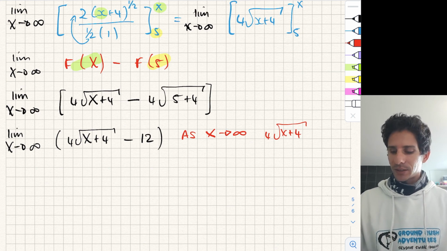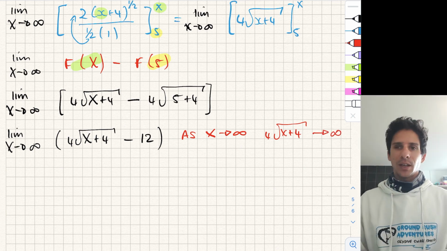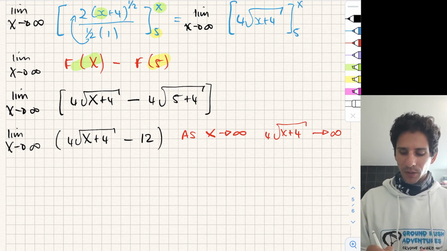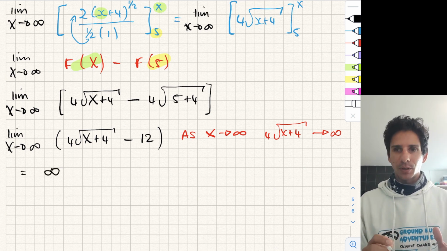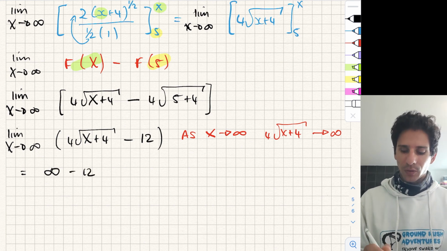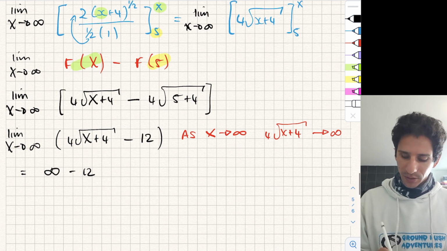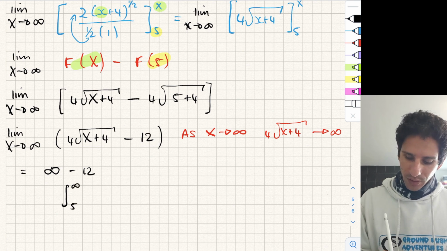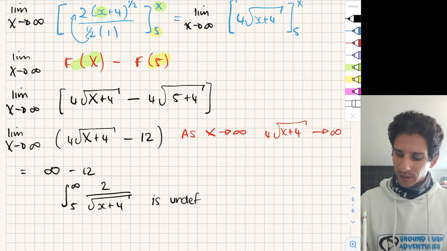So as x approaches infinity, this thing also approaches infinity. Because it approaches infinity, we can drop the limit now because we've evaluated it. This is just equal to infinity, because as that thing approaches infinity, we have infinity take away 12. We can't work with a number that's infinite, so this is undefined. So we can state that the integral from 5 to infinity of 2 over the square root of x plus 4 is undefined.